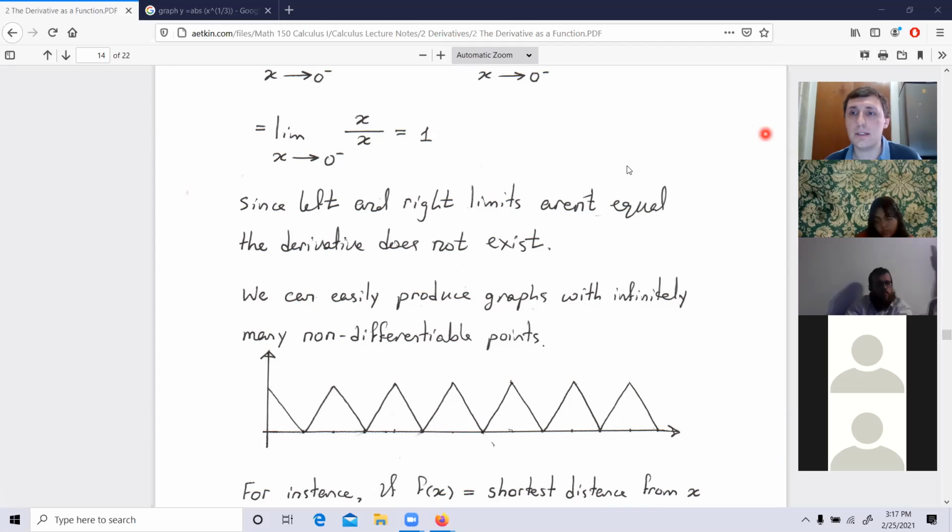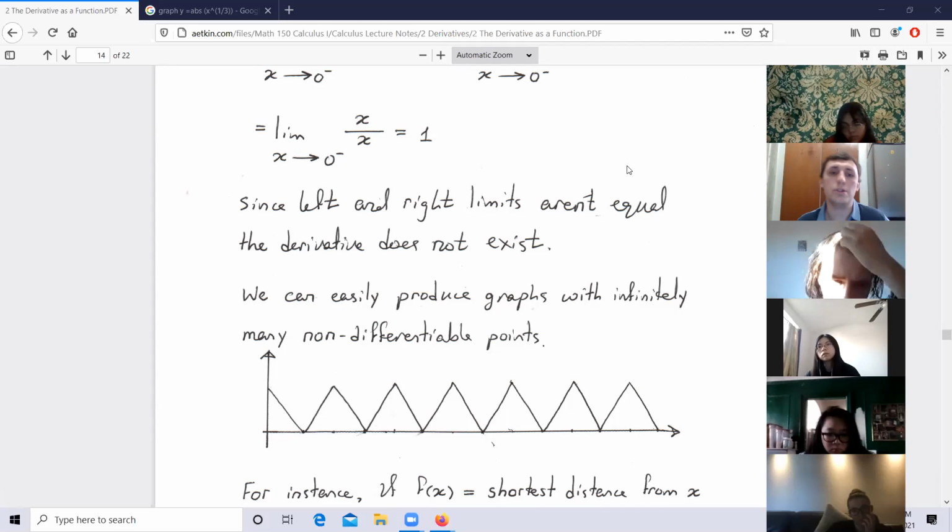Now, guys, here is another challenging question, maybe more challenging. You see that we have here infinitely many points of non-differentiability, but you agree that if you look a little bit to the left and a little bit to the right, and zoom in, you will see a straight line segment. It would be differentiable.